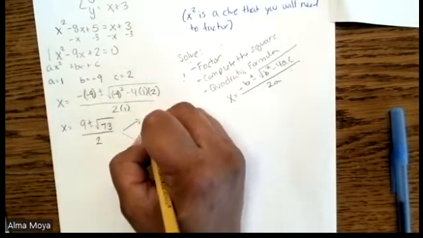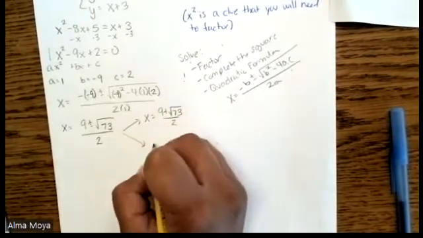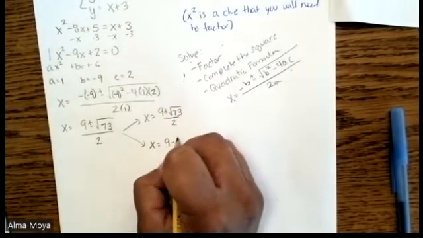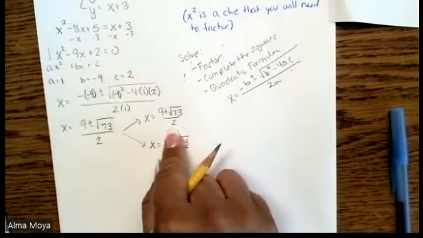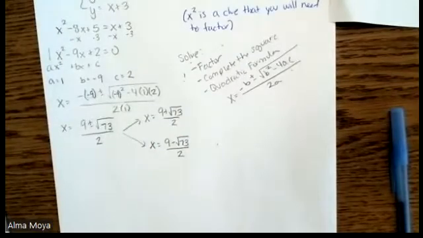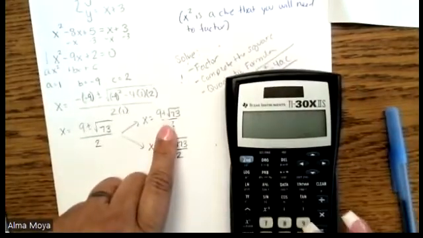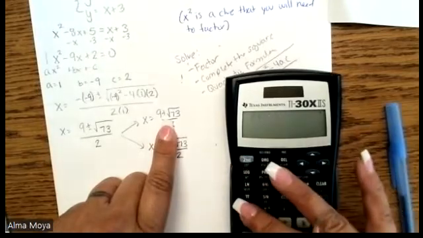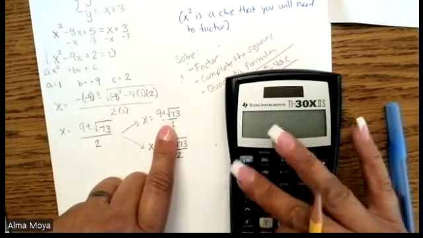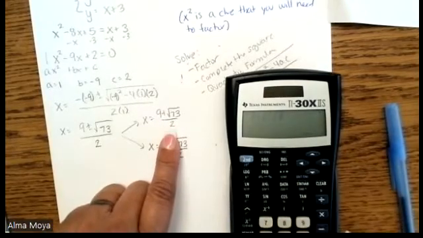I need to find out what x equals: 9 plus square root of 73 divided by 2 is, and I have to find out what 9 minus square root of 73 divided by 2 is. So let me grab my calculator. I have 9 plus square root of 73, and then I'm going to divide that by 2.